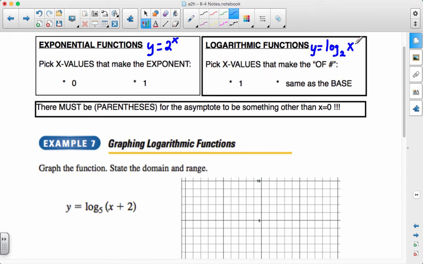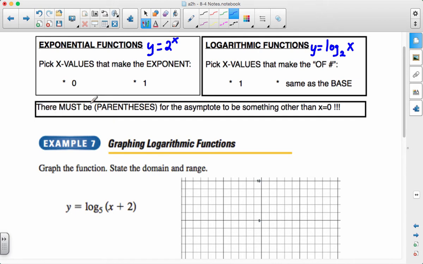We want to plug in numbers that make this "of" number 1. And the second point you should plug in makes this "of" number the same as your base, because that way all of this becomes a 1. If you make your "of" number a 1, all this becomes a 0. Those are the two things we're going to look for.